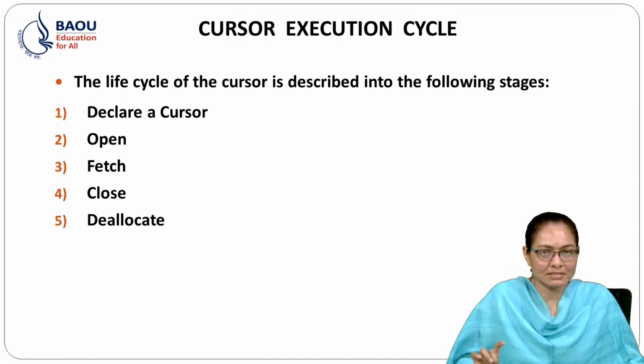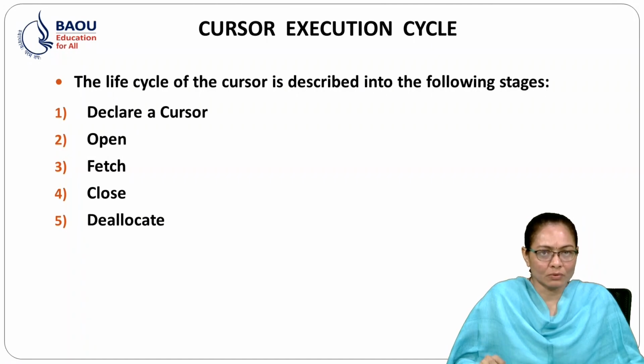So in the first section, the declaration section, we can declare the cursor with the SQL statement. To declare the cursor in the declaration section, the cursor is declared by defining the SQL statement that returns the result set. In the result set, some rows are stored in memory.